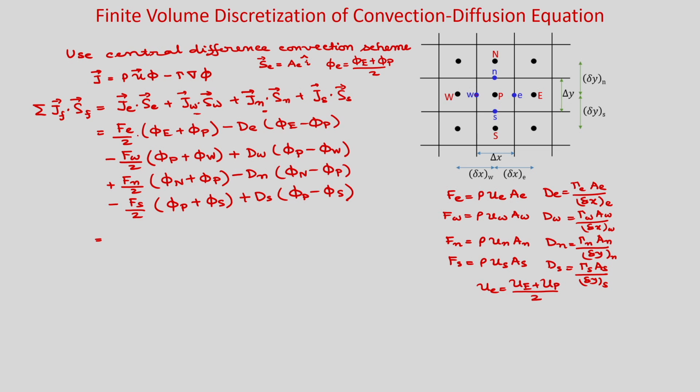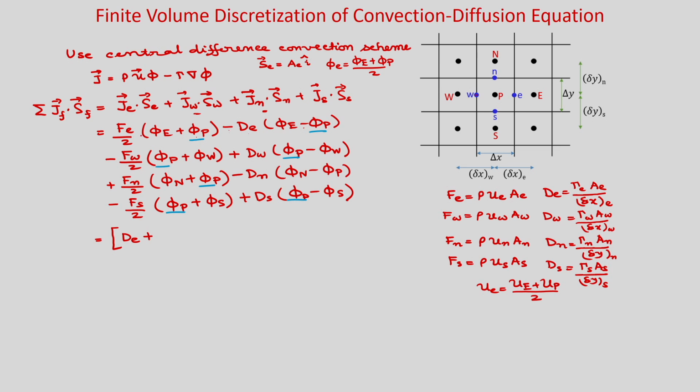Okay. So, now if you rearrange it, you are going to get, so all the P terms you take. Okay. So, for P terms you see what are the P terms. So, this is your phi_P, phi_P, phi_P, phi_P, phi_P, phi_P and phi_P. Okay. So, if you take all the P terms together, then you see it will be minus minus plus. So, it will be D_e phi_P. So, first we will write D_e, okay, plus F_e by 2.